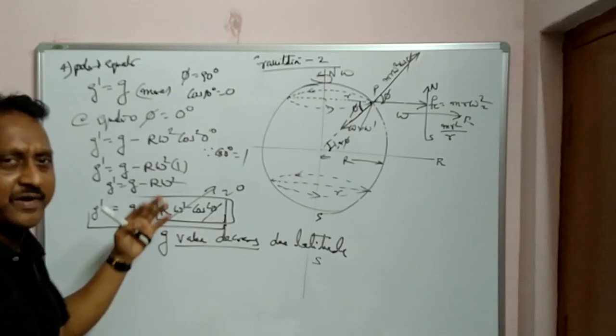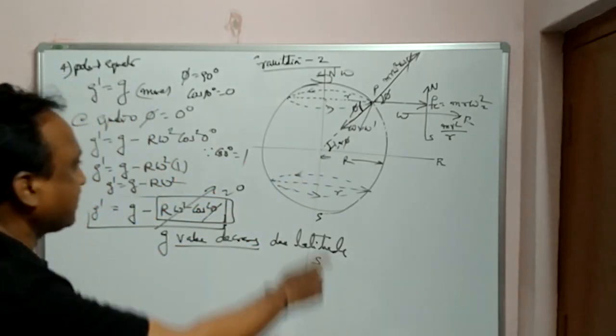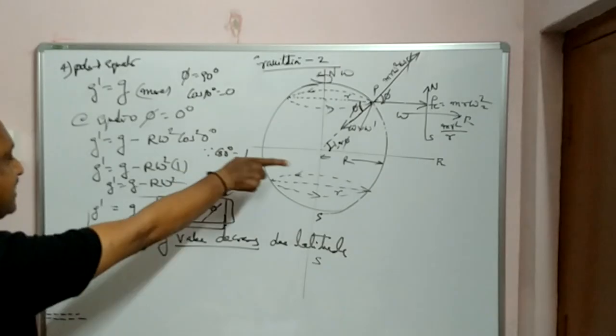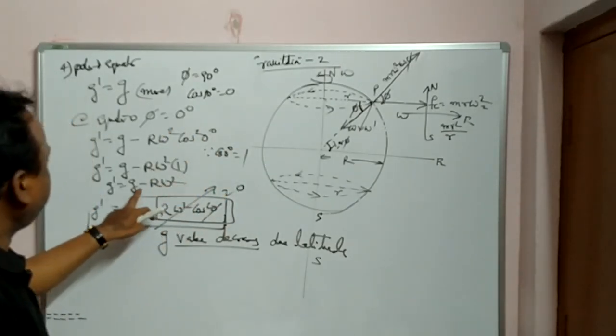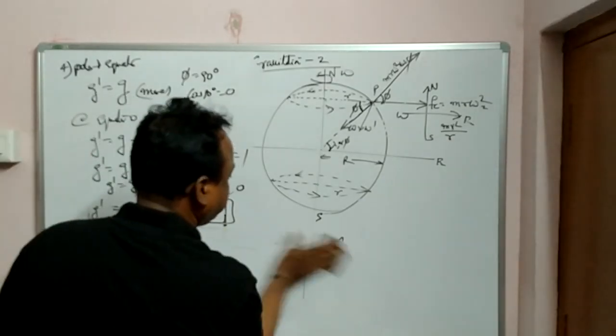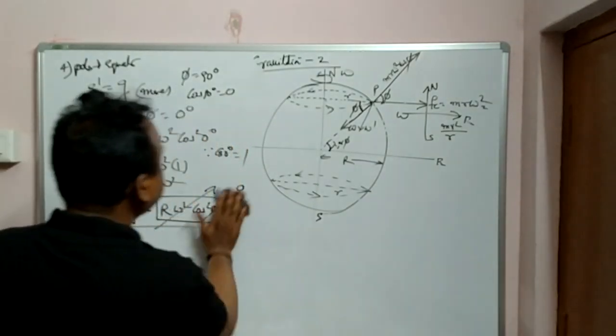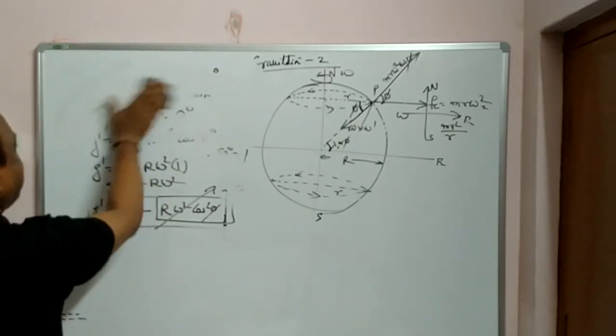G dash is equal to G minus R omega square cos square phi, and it is less at the equator because of the bulging nature. You can see for 0 degrees, cos 0 is equal to 1. When you put the value 1 here, G minus something, the value is decreasing. Clear?